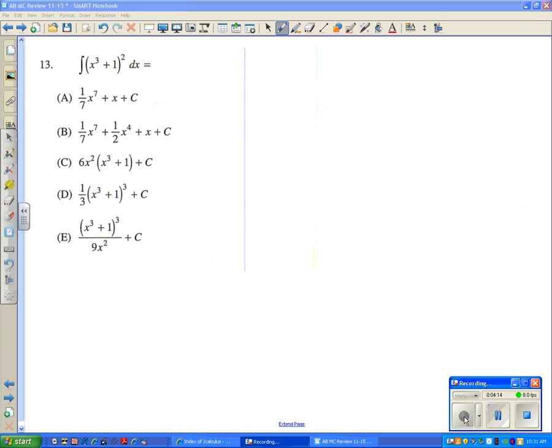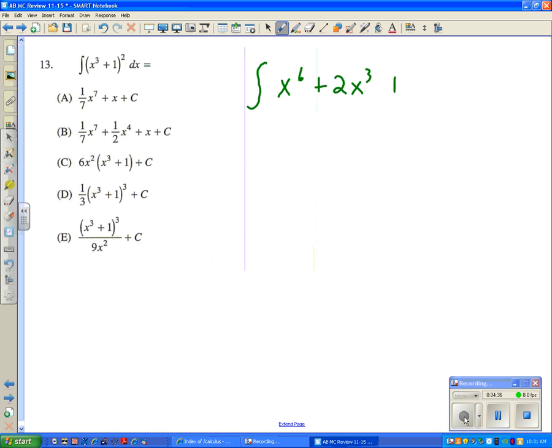You might think substitution for number 13, but that would not be correct. What you should be doing is expanding the square. That is, you should say x cubed squared is x to the 6th. Squaring a binomial, x cubed times 1 is x cubed doubled is 2x cubed, and then 1 squared is 1. That's squaring a binomial.